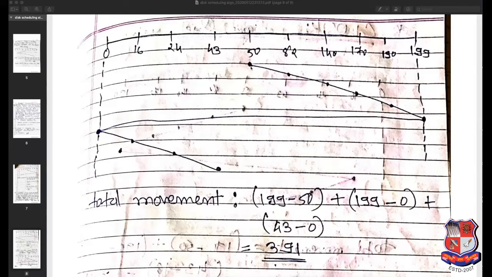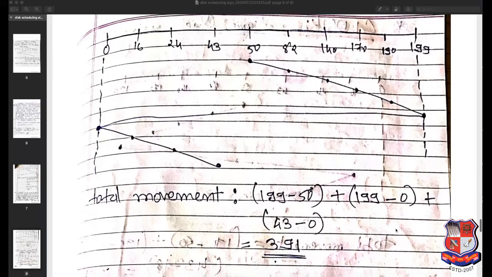It starts at head position 50 and ends at 199, but we use only large value minus small value, so 199 minus 50, plus 199 means one end to the other end, so 199 minus 0, plus the next point 0 to the end value 43, so large value minus small value, 43 minus 0.